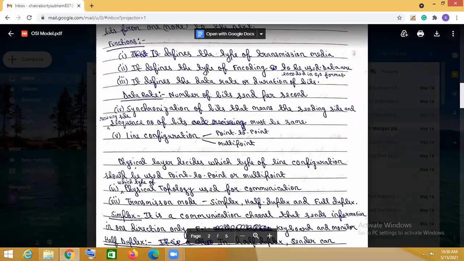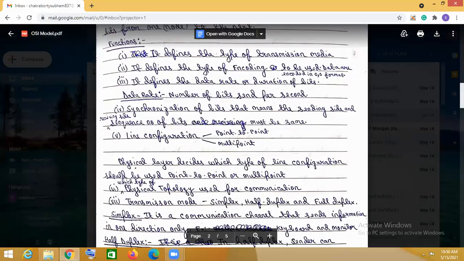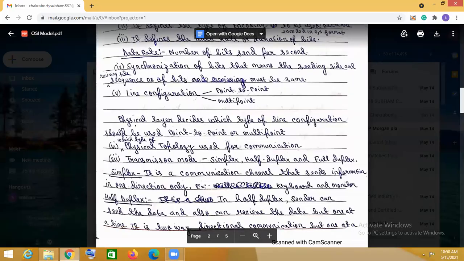Now, what is simplex? Simplex is a communication channel that sends information in one direction only. For example, you are writing something through the keyboard, and you are sending the information to the PC.